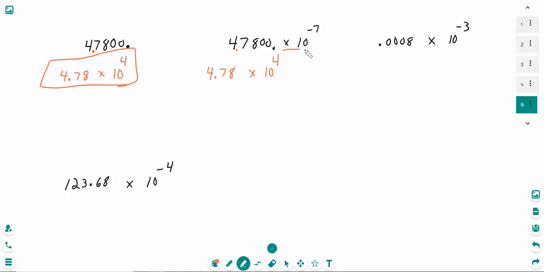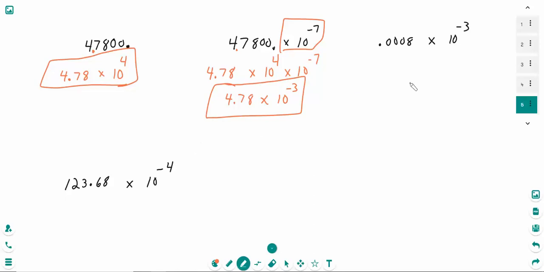But we still have this times 10 to the -7 here that we need to tack on the end. So now we can rewrite this as 4.78 times 10. Now what's a 4 plus a -7? A -3. So that would be our answer.